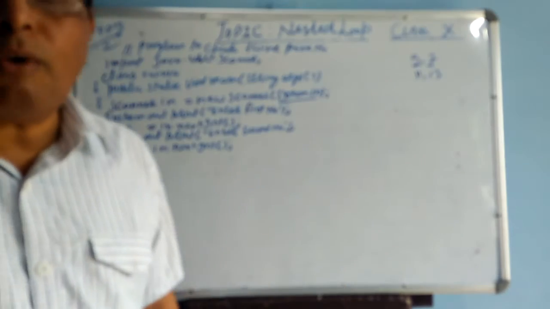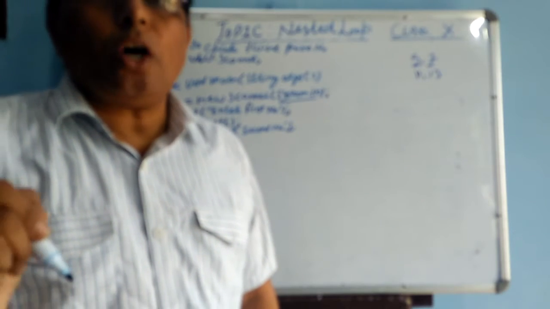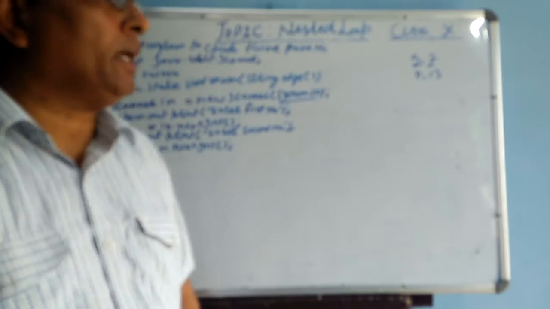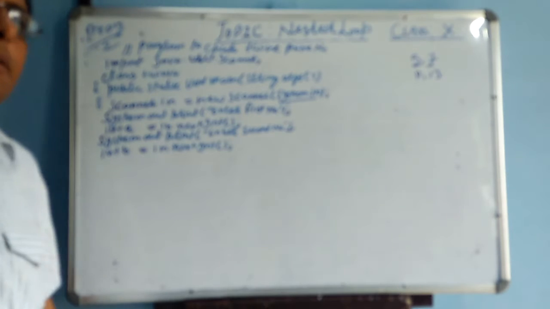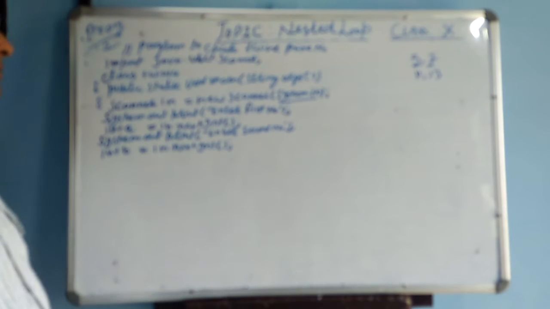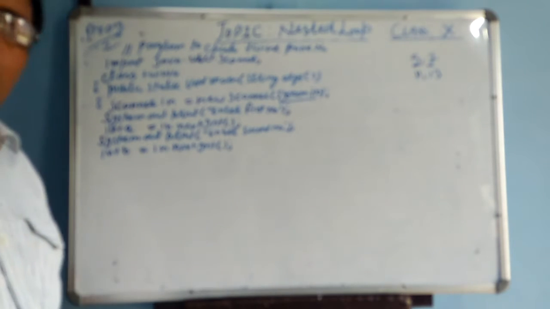For giving the numbers, we have made this program till here. Now what do we have to do? Now we have to check the numbers. So we are taking the boolean type of data, which gives the answer in true and false.